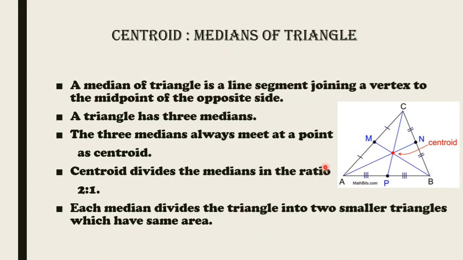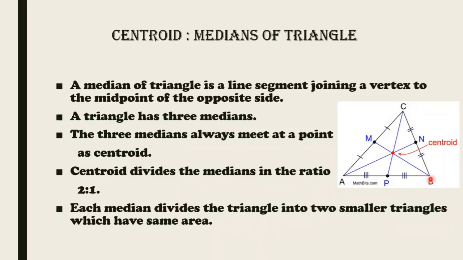So let's see with this example that in triangle ABC there are three medians. On side AB, CP is the median, P is the midpoint of AB. So with this CP, this triangle ABC is divided into two equal smaller triangles, that is APC and BPC.